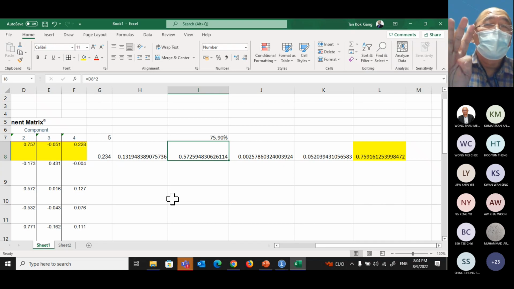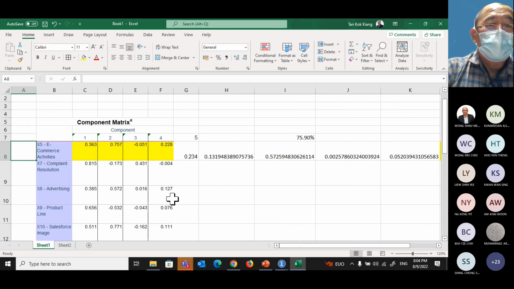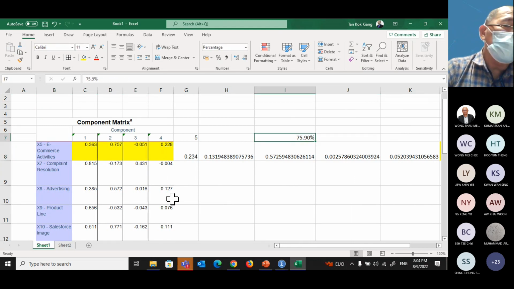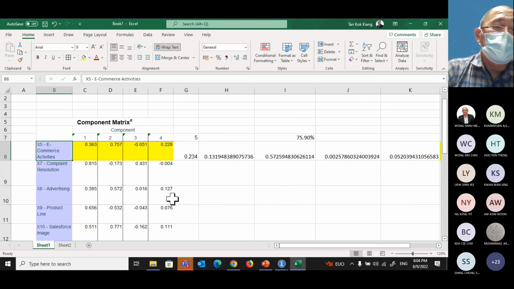Can I see? Yeah. Therefore, lower means not too important. Higher means important. Also, we know that this variable contributes more to factor 2, meaning e-commerce and factor 2 have a higher relationship, but not much on the third factor.